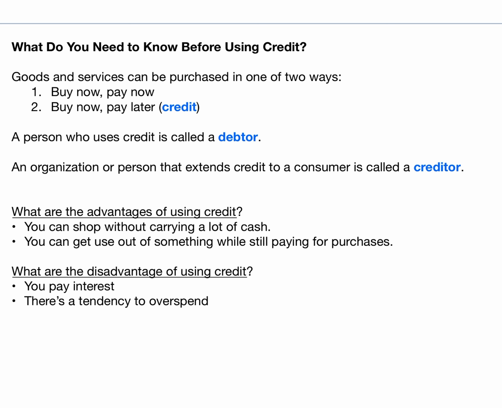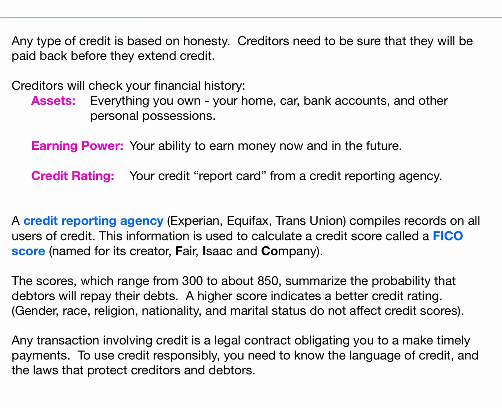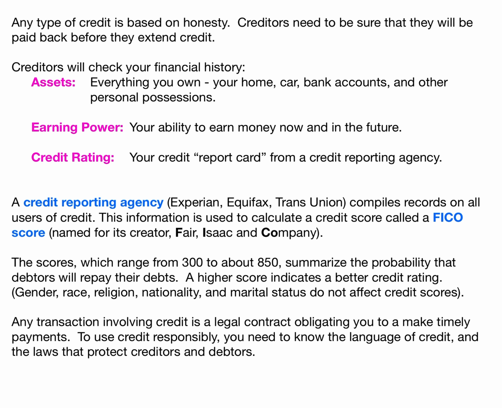There are a number of other disadvantages that exist with buying things with credit, but we're not going to go into that right now. But just be aware that when you use credit, it creates a level of complexity well beyond if you were just to pay it in full. Okay, so let's go ahead and move forward with some additional terminology.